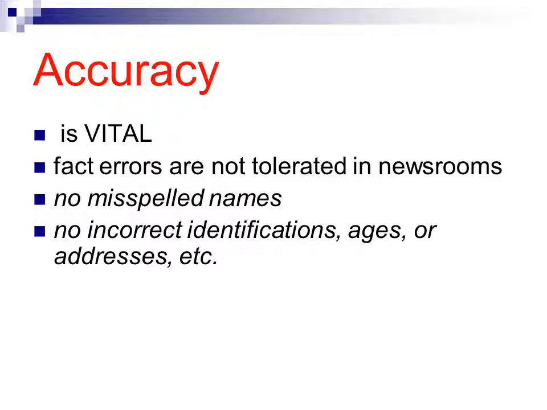Now, let's group around this idea of accuracy. It is so important that we understand the importance of accuracy. If you want to bring to a screeching halt your career in the journalism profession, then start playing loose and fast with the facts.